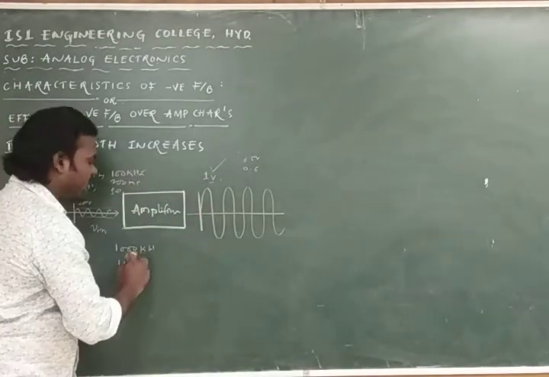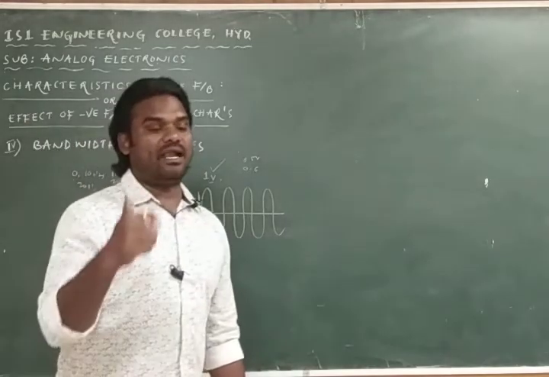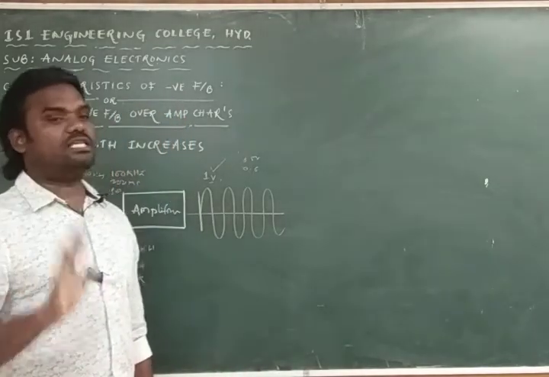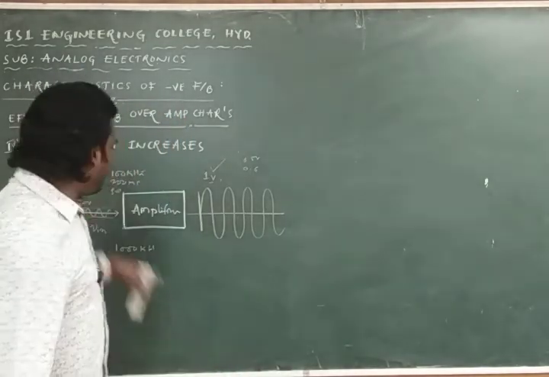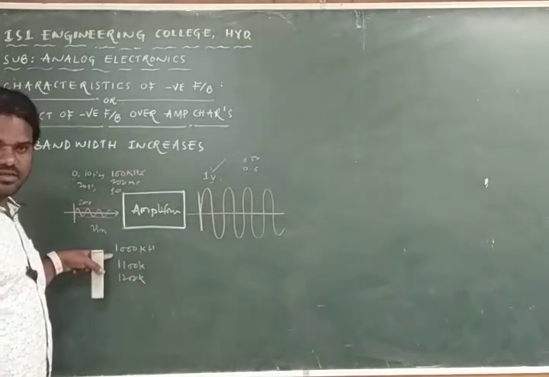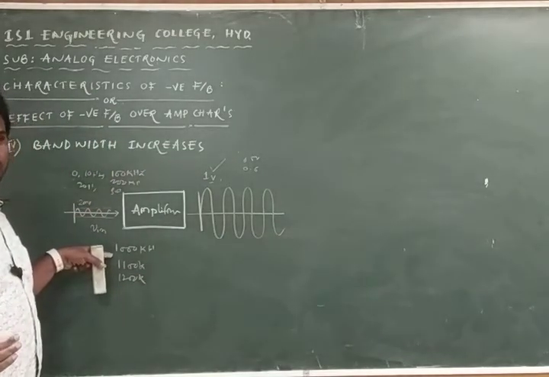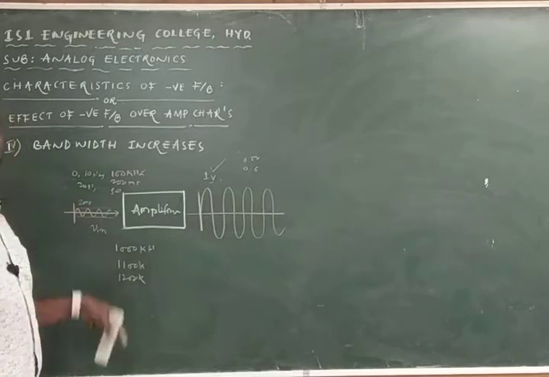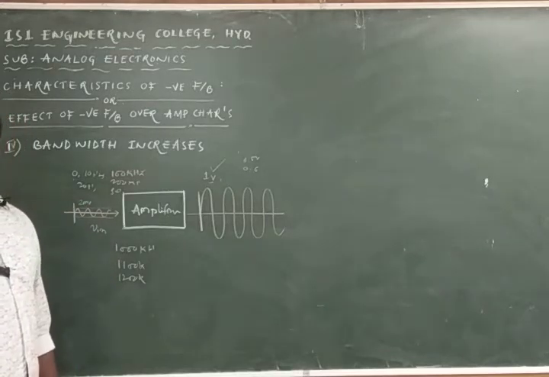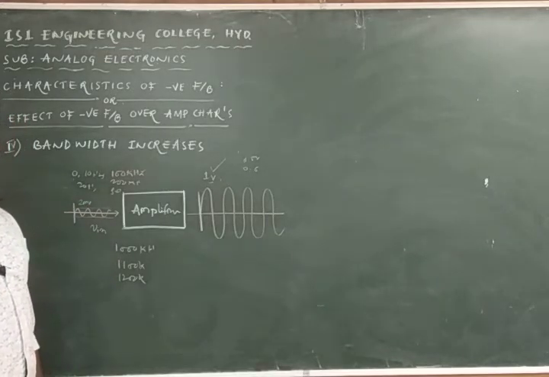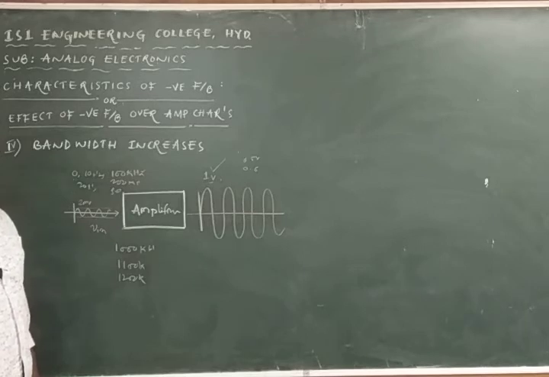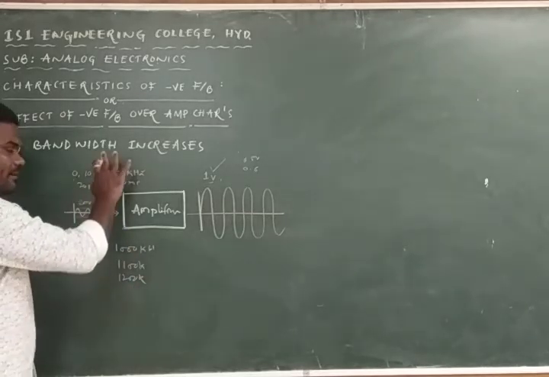And this range of frequencies is named as bandwidth. Bandwidth is nothing but the range of frequencies over which the gain is maximum and constant. That is called bandwidth. This is the bandwidth.